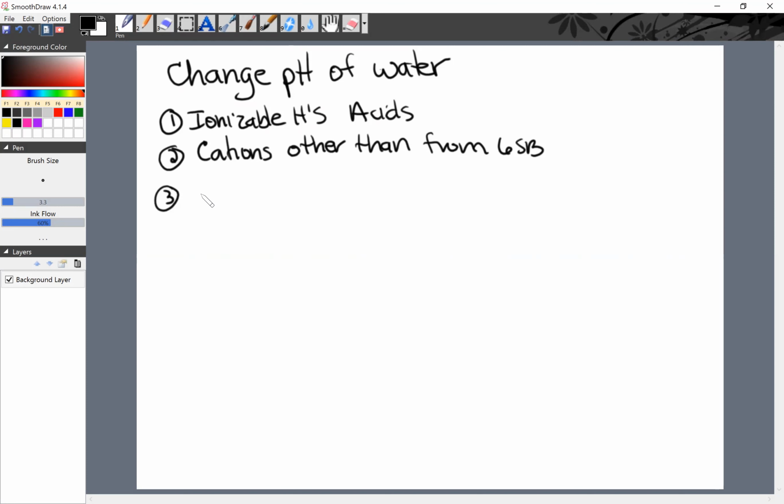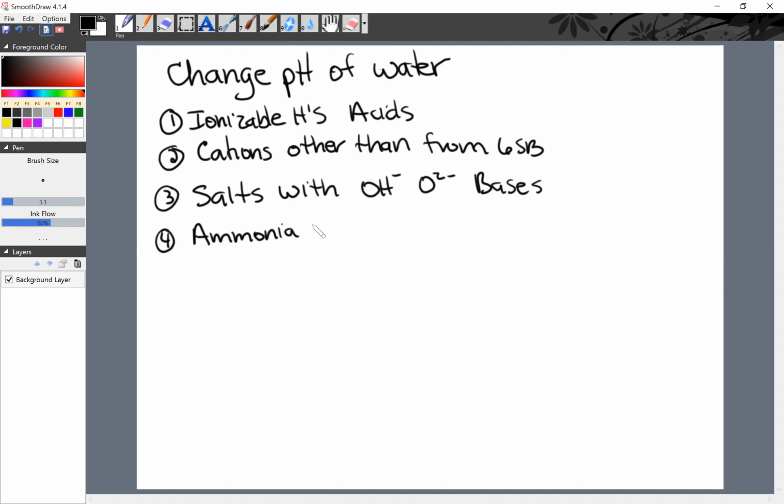So how do I want to write that? Salts with hydroxide or oxide dissolved in water is pretty much the same thing, because those are just bases. Ammonia is a molecular base.